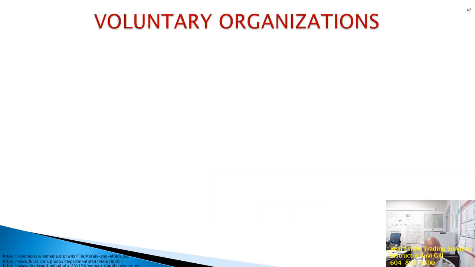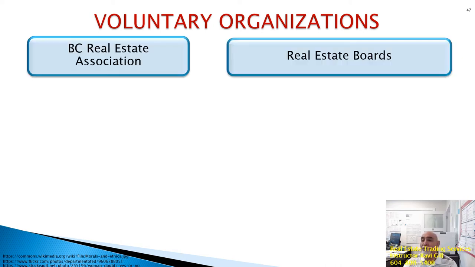Okay, very important, the voluntary organizations. Again, they're not really voluntary in terms of they're really required. Okay? They are voluntary, but they're a big part of your becoming a realtor. After you become a realtor, many realtors join the real estate board.